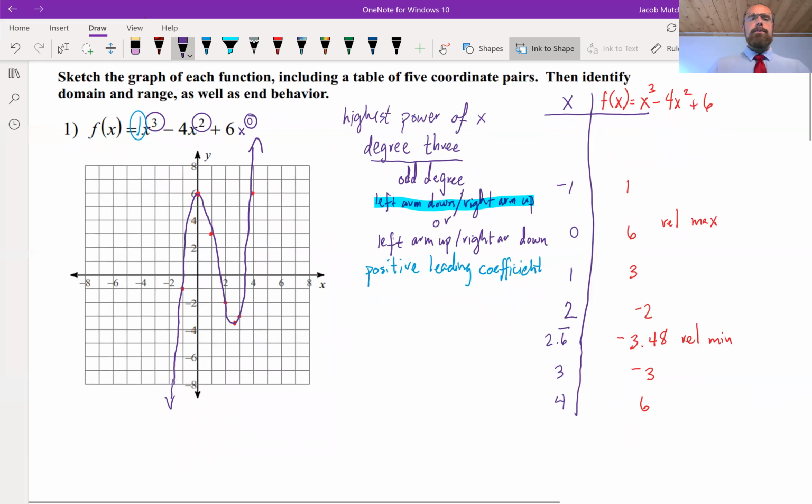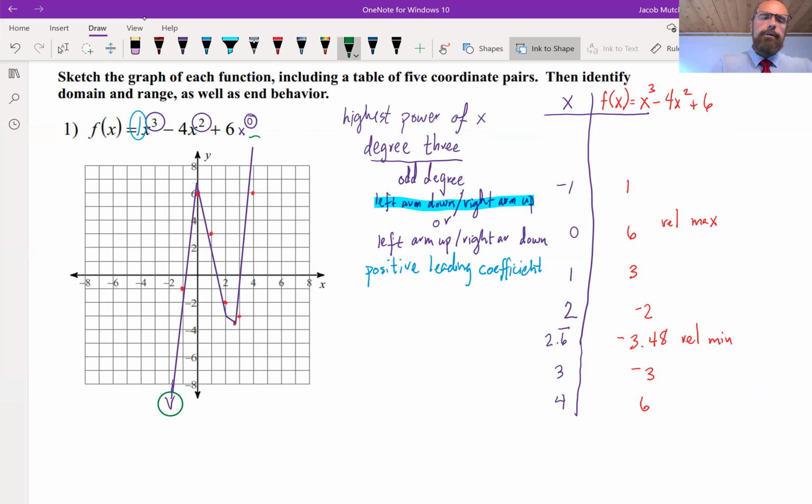All we want to do now is describe the domain and range and end behavior. So again, one thing we can do to help with both those tasks is to just see what's happening at the extreme left and the extreme right of the graph. So I'm circling those endpoints, which are really arrows. And I need to just say what's happening in terms of the X and the Y direction at those two spots.